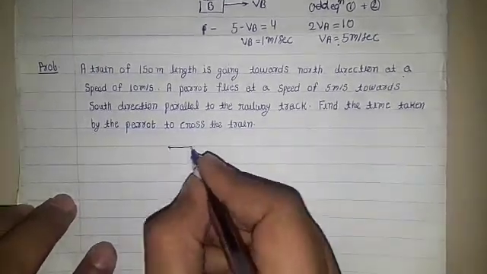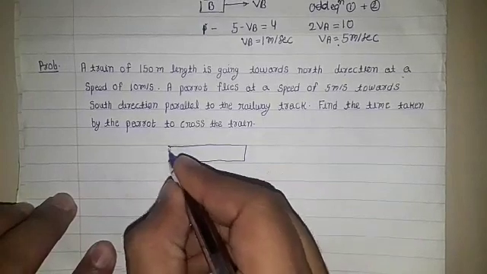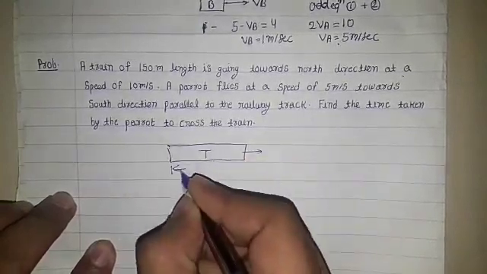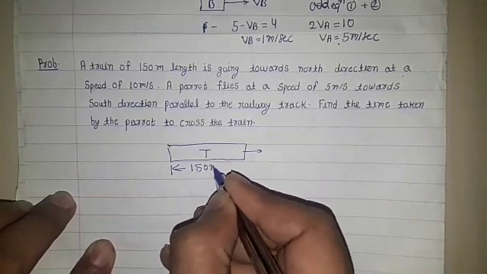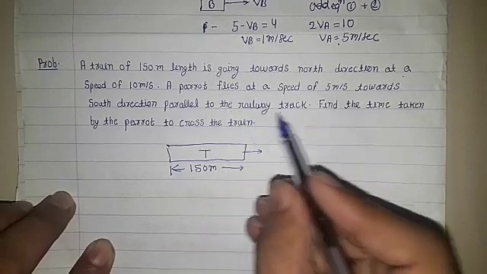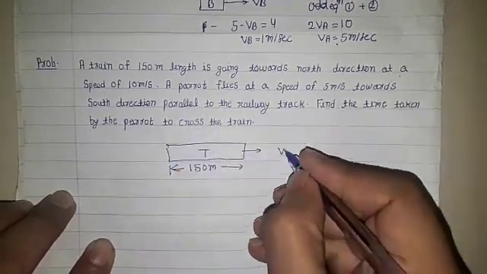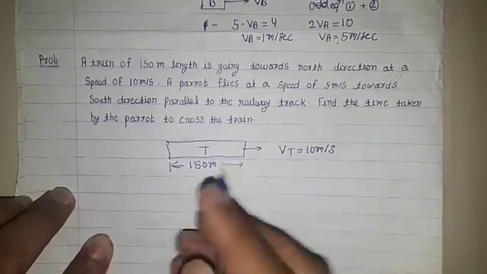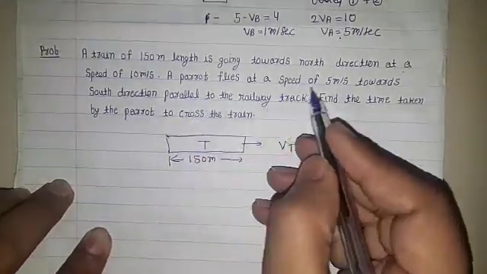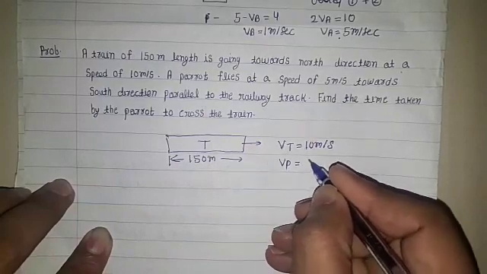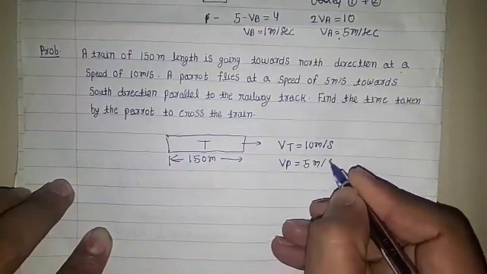The length of the train is given, 150 meters, and the velocity of the train is given, 10 meters per second. The parrot flies at a speed of 5 meters per second. So the speed of the parrot is Vp equal to 5 meters per second.